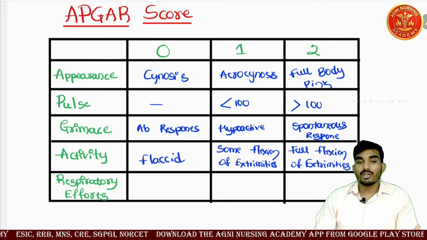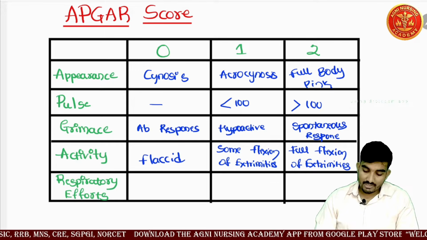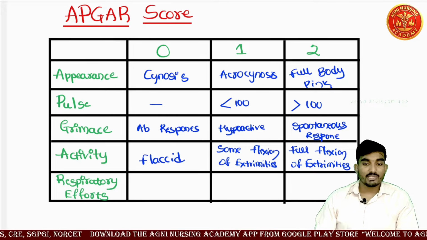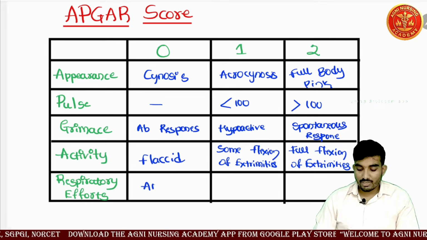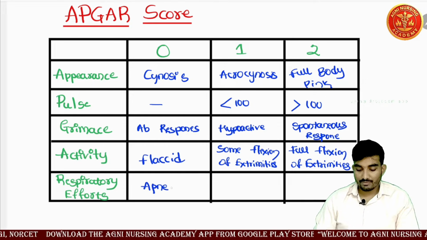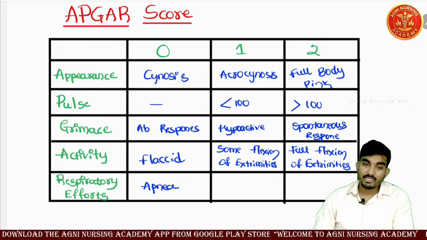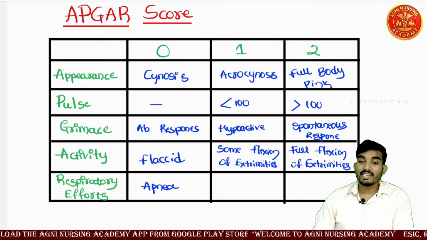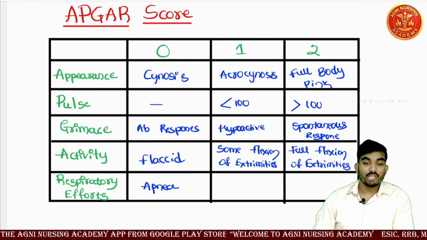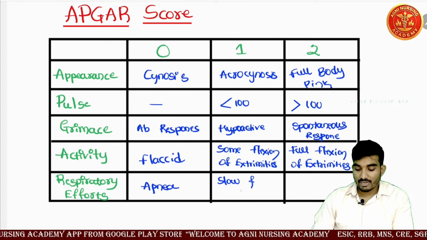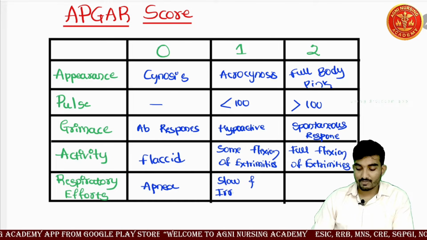And last, we'll assess the respiratory efforts. If the child is not having any respiration, that is called apnea. In that child, we will give the score 0. If the child's respiration is present, but it's slow and irregular respiration, in that particular child we will give the score 1.